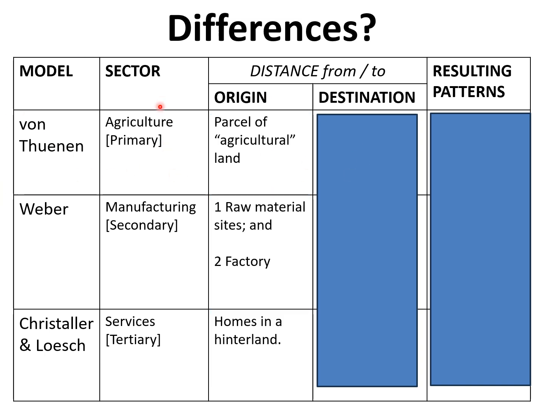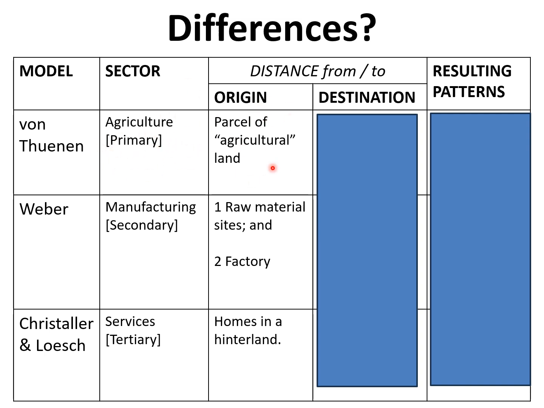So in von Thunen's model, the origin is a point or some parcel of agricultural land. Here I use quotation marks around agricultural because I included things like charcoal production, which is not often nowadays thought of as agricultural production, but it does tend to fall into the primary activities, or the primary sector.